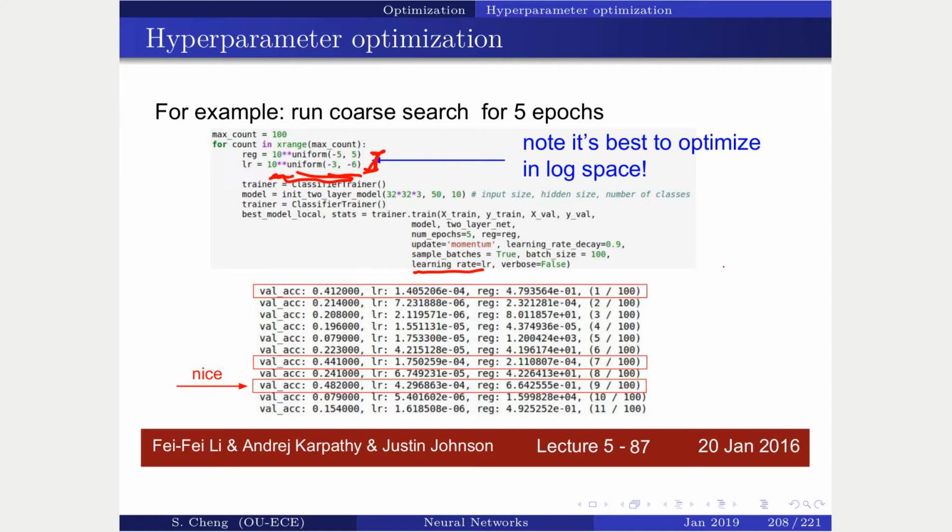And we can get a bunch of values here. These are the accuracies, so larger is better, right? In this case, this sample is pretty good, and if we look at the learning rate there, it's about -4 for this one. The regularization parameter is in the -1 to -4 range and so on.